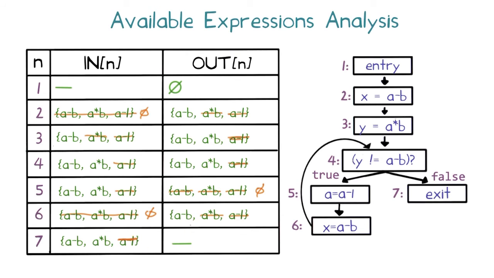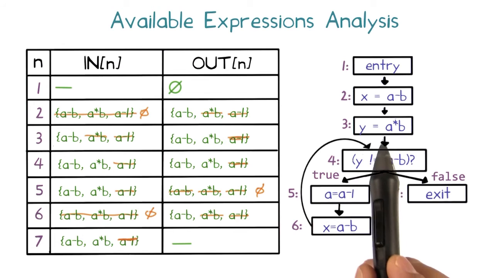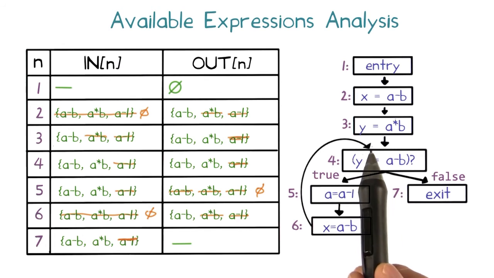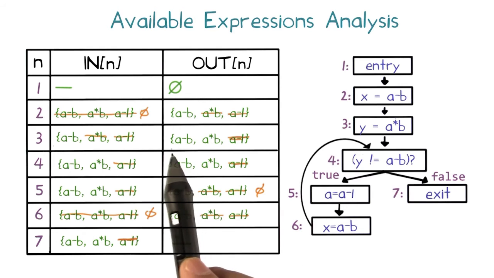In the next pass, we revisit node 4. We need to make sure that the expressions in of 4 are available on all program paths to this point. So we take the intersection of out of 3 with the out of 6. This leaves us with just expression a minus b.